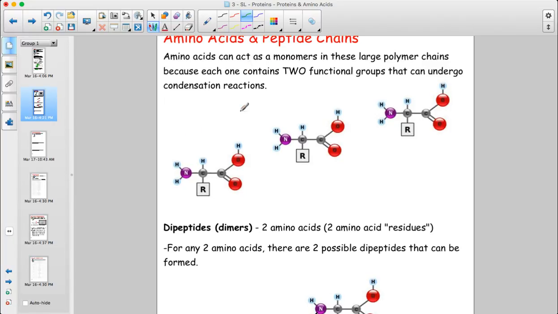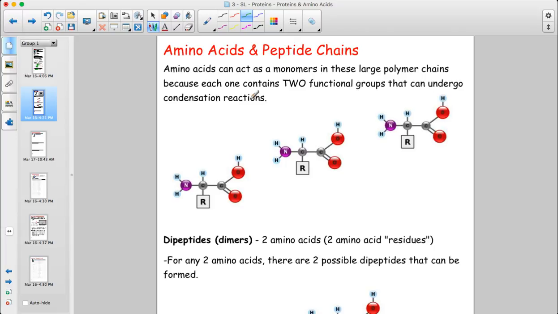So the reason why amino acids are such good monomers in these gigantic polymer chains is that they have two functional groups that can undergo condensation.